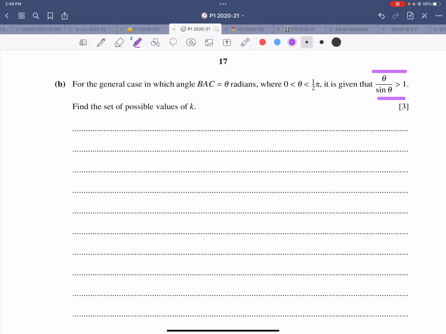Naturally, sine theta is positive because sine of any angle between 0 and 90 is positive, and theta is such that this ratio is greater than 1. It's not just about positive. It's about the value of theta being bigger than sine of theta. Whatever that angle is, we don't care. Find the set of possible values of k. Now, what has this to do with k, for 3 marks? Although it should be at least 5 marks.